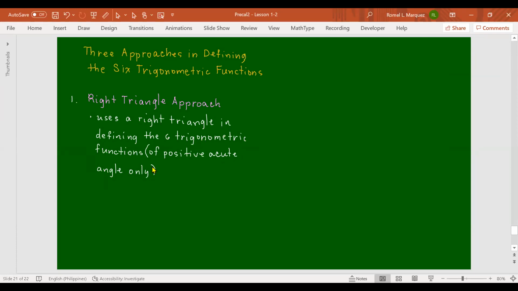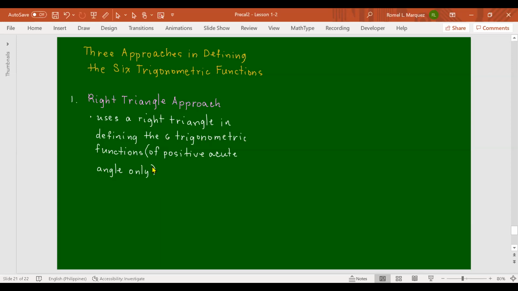Those angles are not covered by the right triangle approach. Again, what angles can be considered? Trigonometric functions of positive acute angles. So that is the limitation of the right triangle approach.